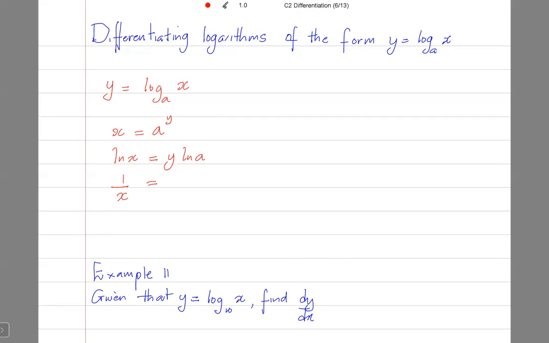If I differentiate y ln a with respect to x, I'm going to get dy by dx ln a. Bring the ln a down to the bottom, and I'm going to get dy by dx is equal to 1 over x ln a. With that in mind, guys, can you please do example 11?